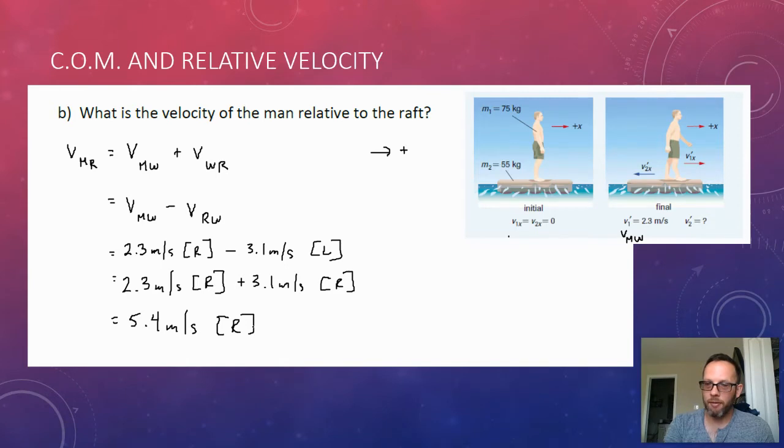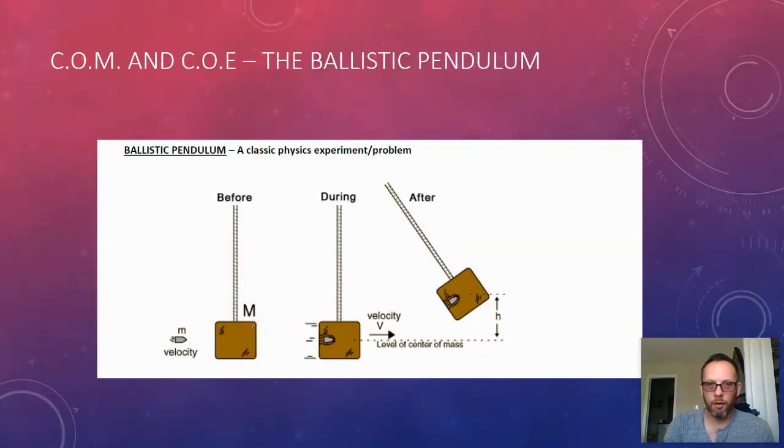Let's look at our second example. Our second example combines our knowledge of conservation of momentum and conservation of energy into a single problem. So what is illustrated here is a ballistic pendulum. The idea is you fire a bullet where you know the mass and velocity of the bullet, and you fire it into what we call this ballistics pendulum, because it's going to embed itself in the big block here.